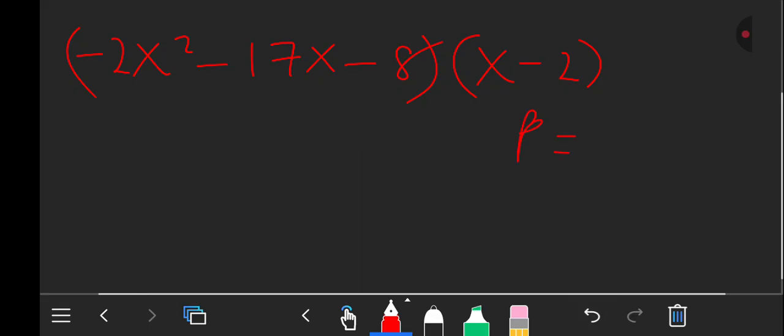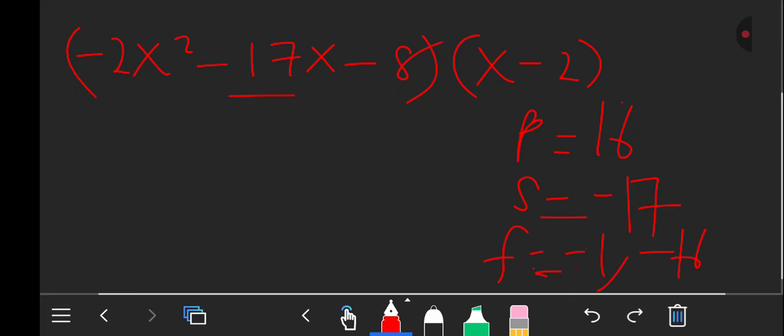The product is equal to negative 2 multiplied by negative 8, that is positive 16. The sum is equal to negative 17, which is the value of b. Then the two numbers which multiply to give you 16 and add to give you negative 17 are negative 1 and negative 16. Then you substitute on b.